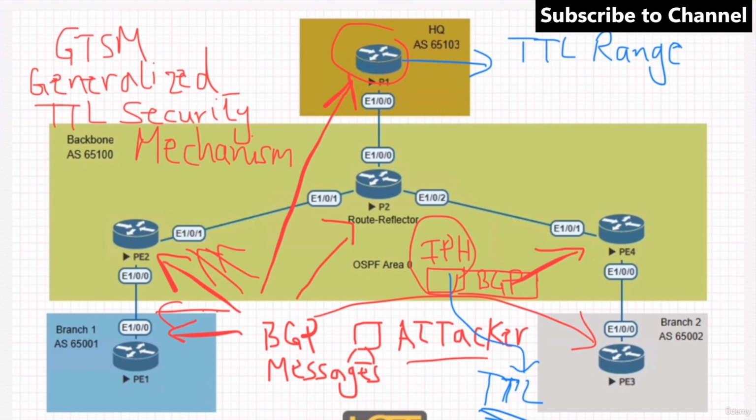If we configure a predefined TTL range on the router with a high range, it will be higher than the small value sent in the IP packet of the attacker, and that will cause the router to drop the BGP packet sent by the attacker. Thus, it will protect its control and forwarding plane from receiving many fake BGP messages.